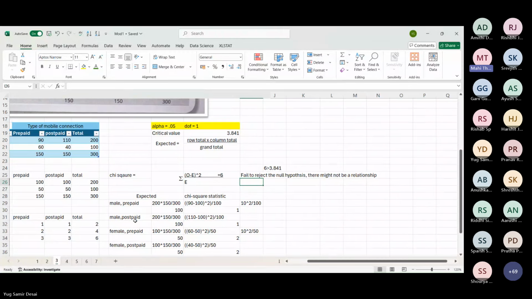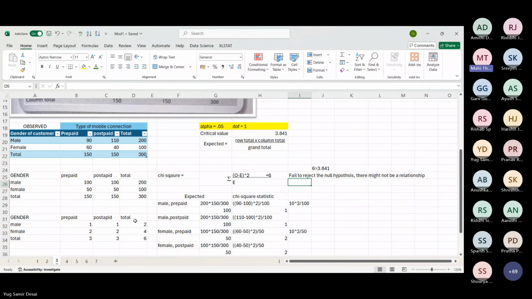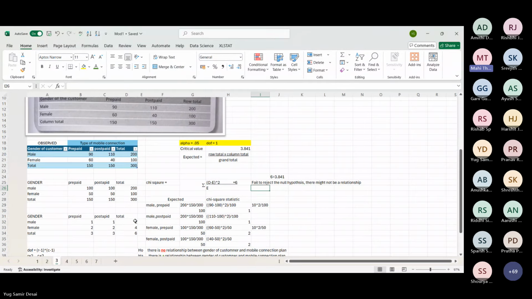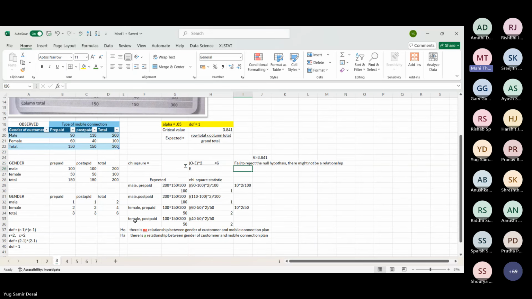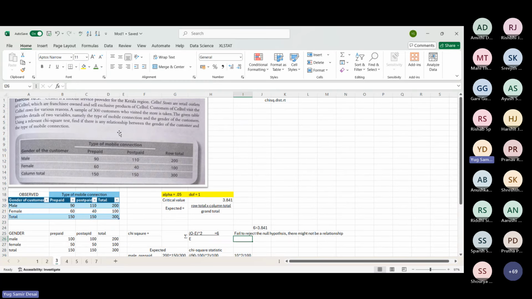I have a question regarding defining the hypothesis. The H naught is always supposed to be a negative statement, or the one given in the question? The one given in the question.